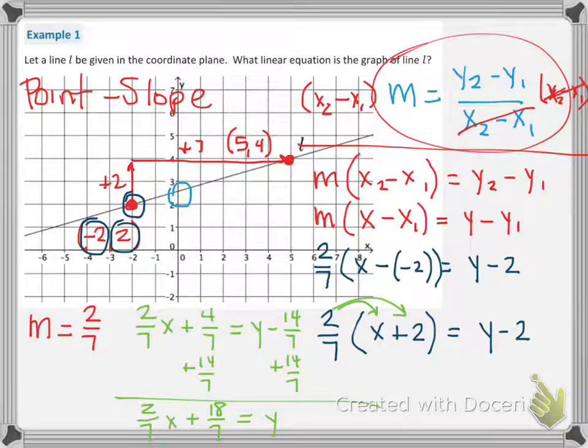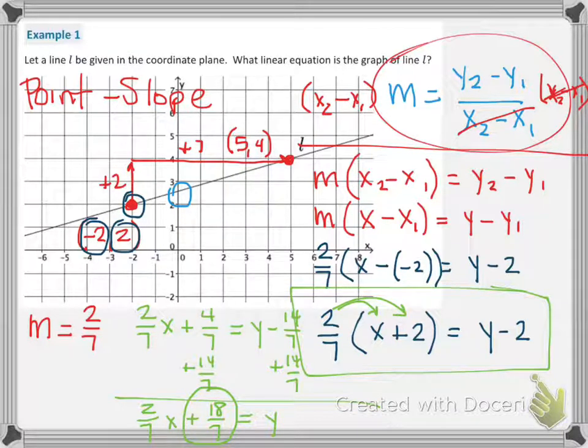And that's slope-intercept form. y equals mx plus b. And that means our y-intercept is at 18/7. That would be 2 4/7, which would put us right where the line crosses the y-axis. Okay, not necessary to change it to slope-intercept form. We can leave it in our point-slope form right here, and that is a good equation.